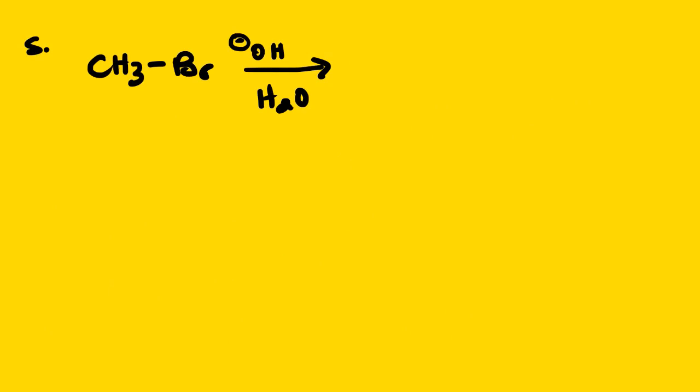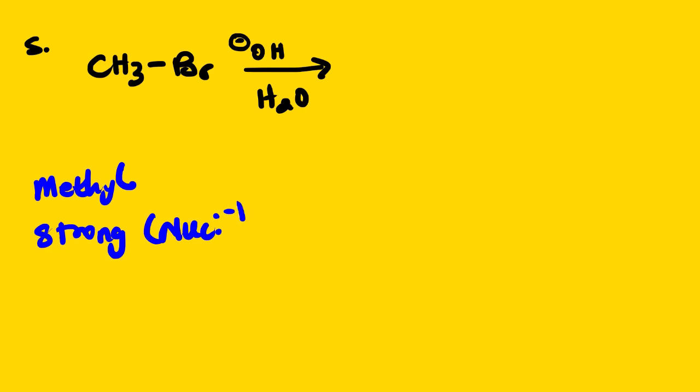Let us analyze and conclude the type of reaction this will be. Looking at the substrate, we have a methyl halide. The second thing that we should check is the nucleophile, which is OH. You can see that we have a strong nucleophile, which is OH minus.